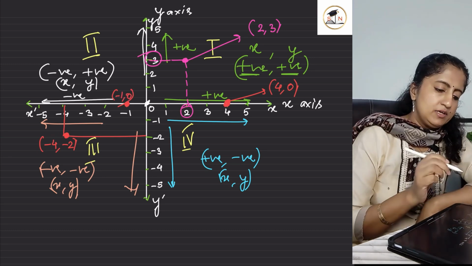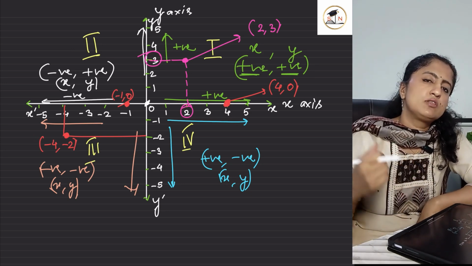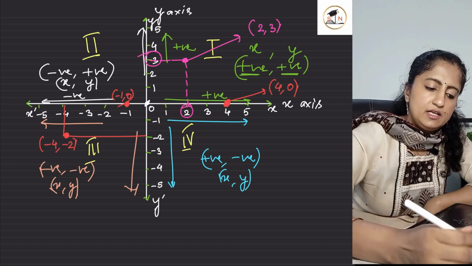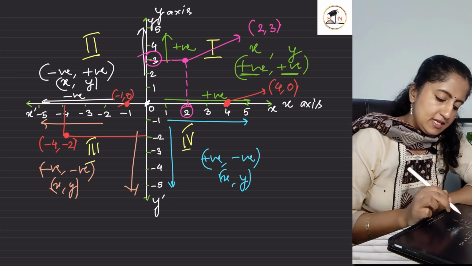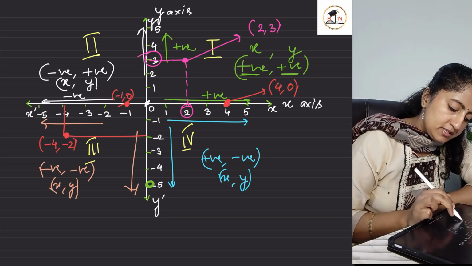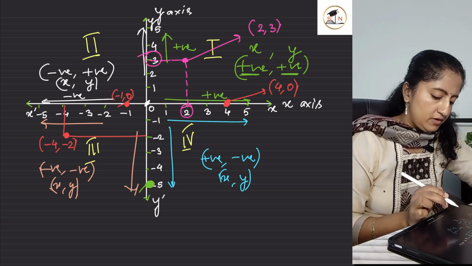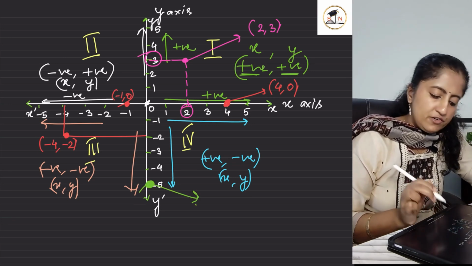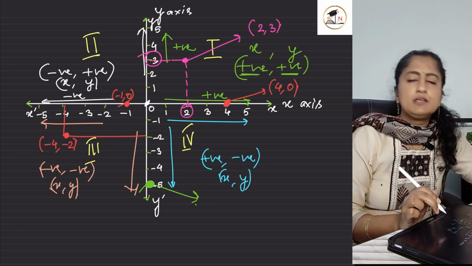Okay. Now, just try to think what will happen if a point exists on the y-axis, right? If a point is on the y-axis, let's say you're talking about this point down under on the negative side. The coordinates for this point are going to be, what will happen?